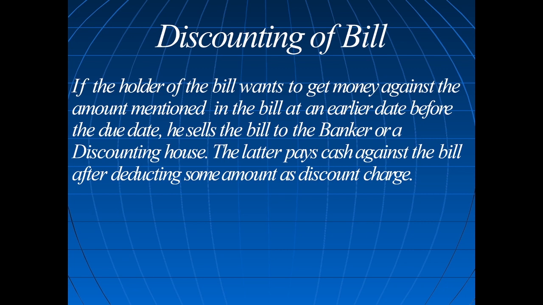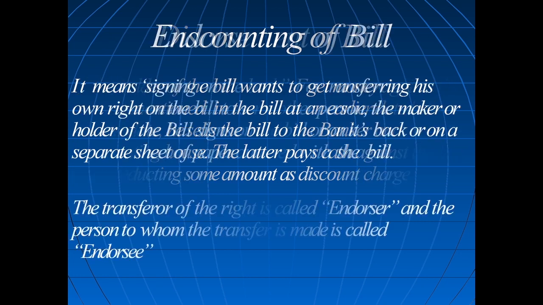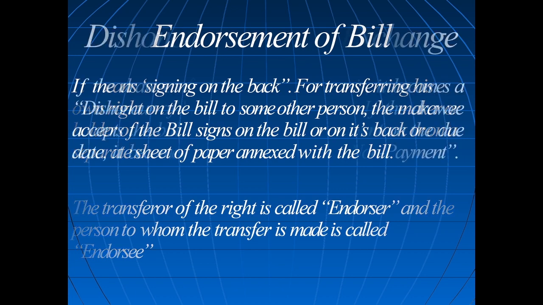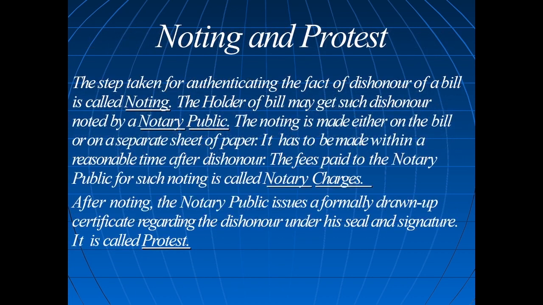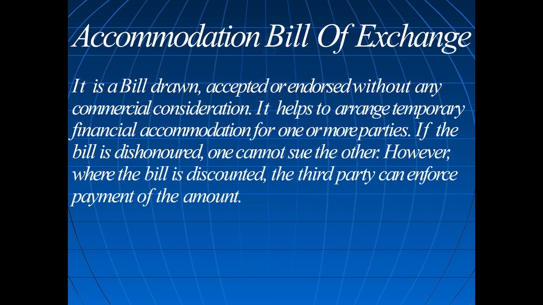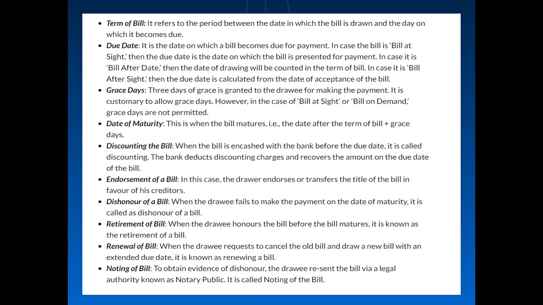When the bill is discounted, we have to pass some journal entries in the books of drawer and drawee that we learn in journal entries. Endorsement of bill, dishonor of the bill, noting charges, renewal of the bill, retirement of the bill, accommodation. So for all the stages or situations, we have to pass journal entries.